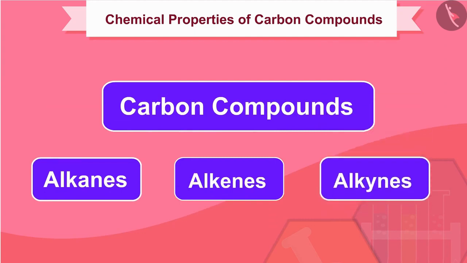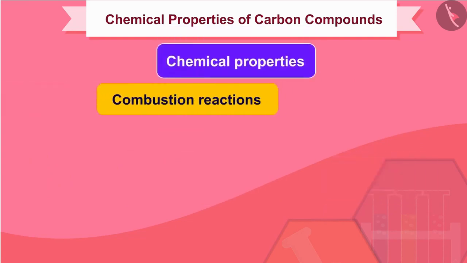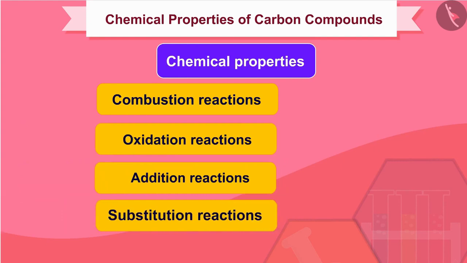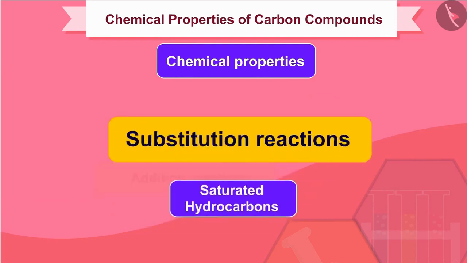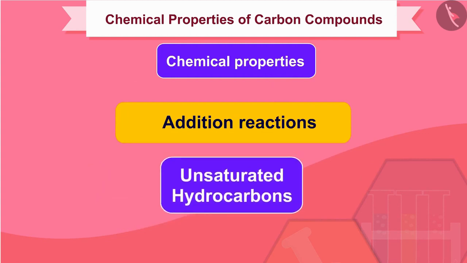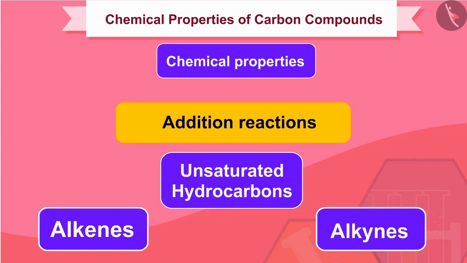The chemical properties which we are going to study here are combustion reactions, oxidation reactions, addition reactions, and substitution reactions. Combustion reaction occurs in all types of hydrocarbons. Substitution occurs only in saturated hydrocarbons, whereas addition reactions are given by only unsaturated hydrocarbons, alkenes and alkynes.